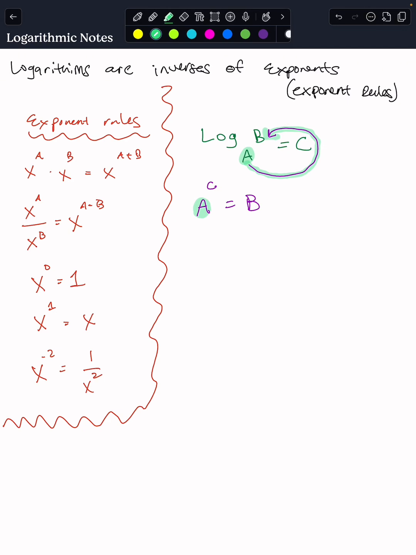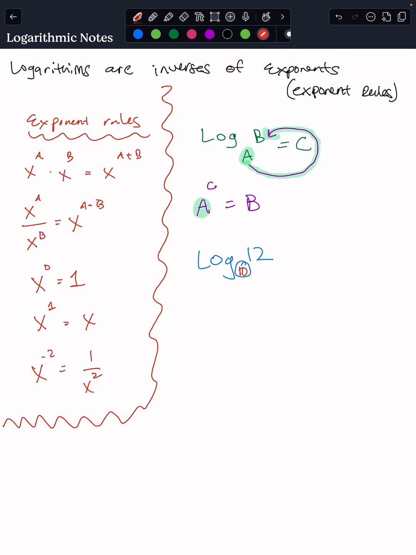That's what I want to mention before I go there. Anytime we have a log, and let's say there's no base here, it's missing, that base is automatically assumed to be 10.